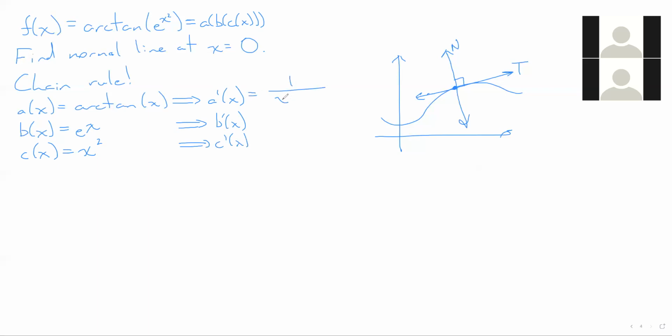How about the derivative of e to the x? e to the x. And x squared? 2x. Okay, so I have all the individual derivatives. Can I use that to give the derivative of the overall function then?